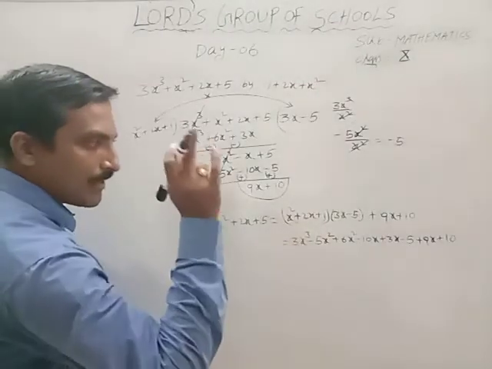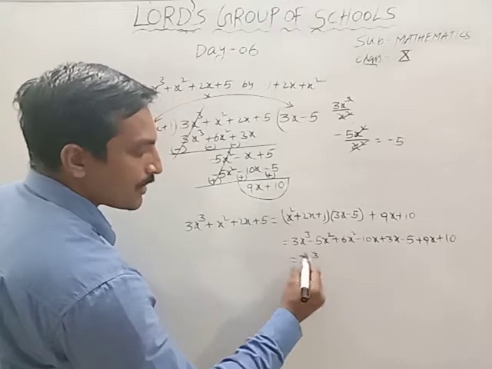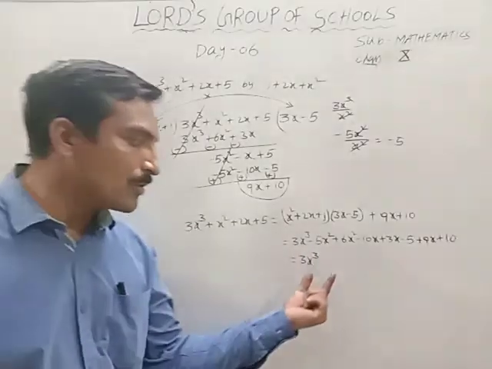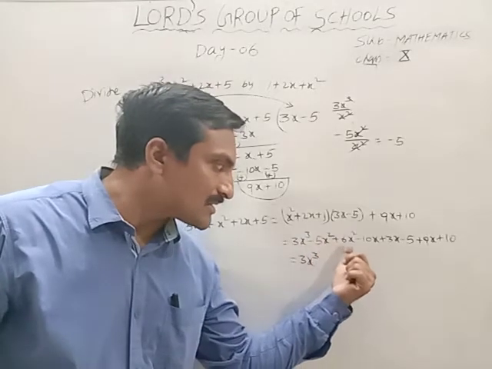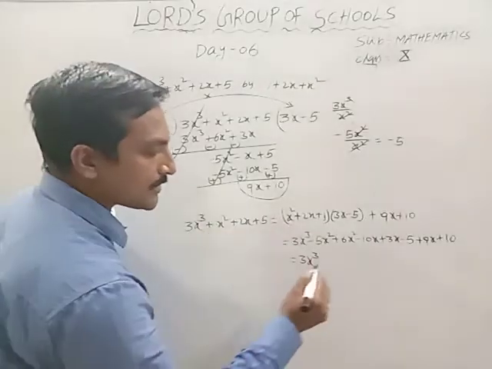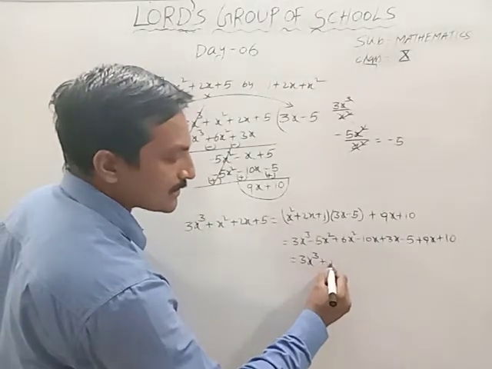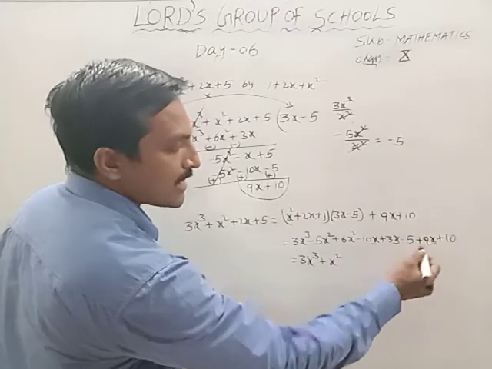Now you have to observe. The x cube term: only one term is present in the RHS, as written, 3x cube. The x square terms: two terms are present, minus 5x square plus 6x square. One negative, one positive, do subtraction, 1 plus x square. The x terms: 1, 2, 3 terms are there.